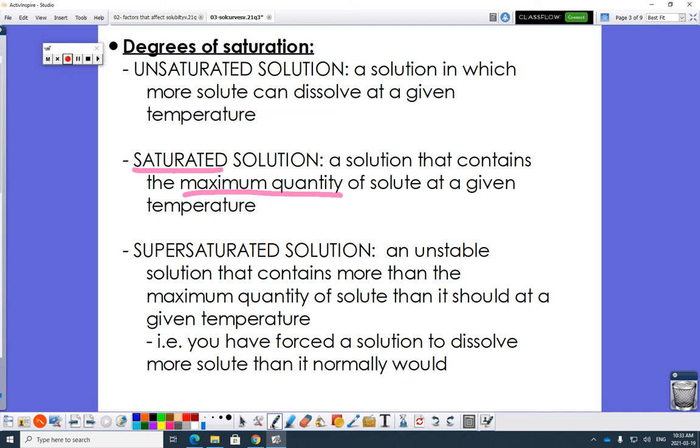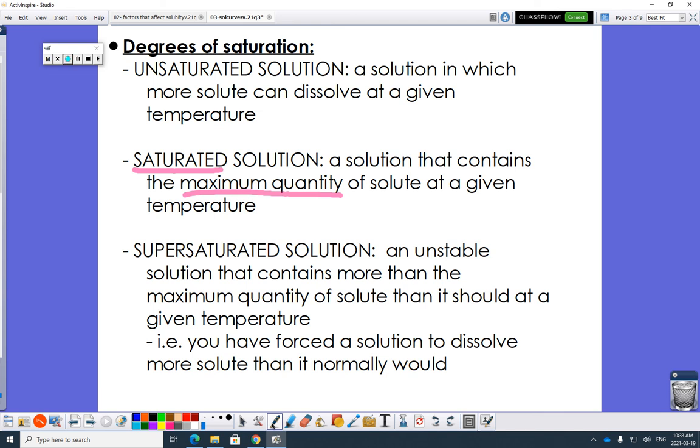And then you can make a solution that we call unstable, which is a supersaturated solution. It contains more than the maximum quantity of a solute than it should. So what you've done is put some solid in, it doesn't dissolve, and then you increase the temperature to make the solid dissolve more.